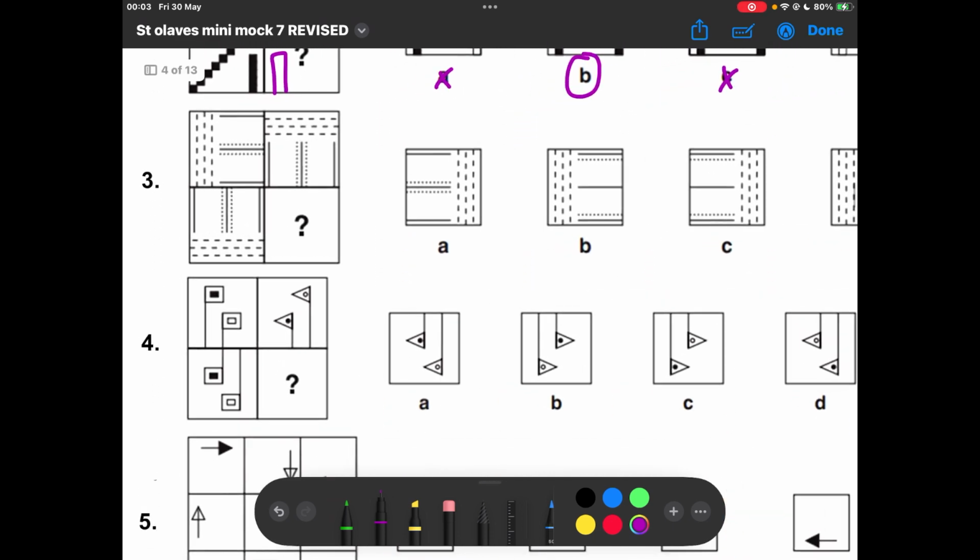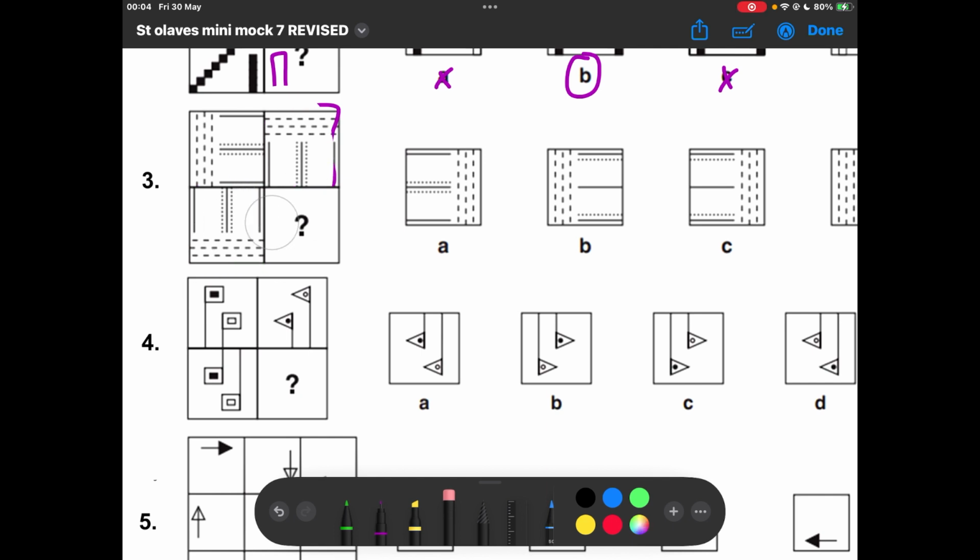Next question. Here, these two are the same, just 180 degrees rotated, so just like upside down of each other. Because this one's at the top and then this one's at the bottom.